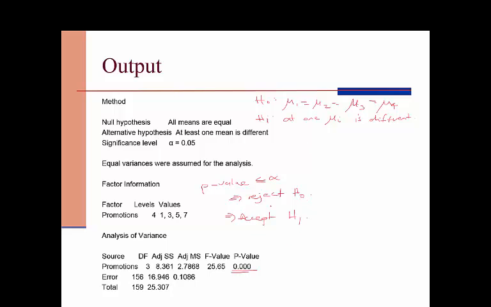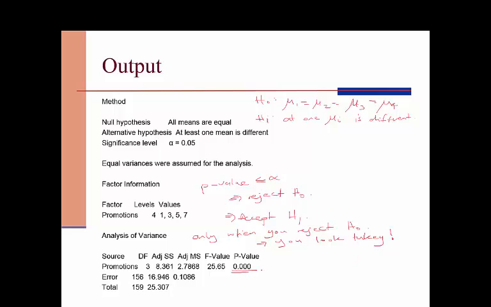Okay? It's only when you reject H0 that you look at Tukey, the pairwise comparisons.